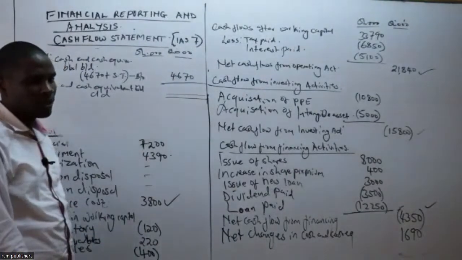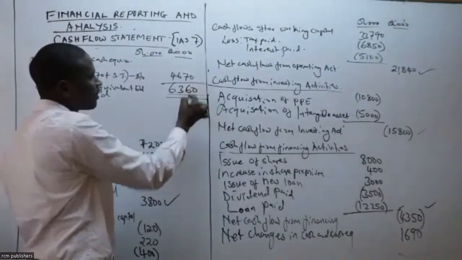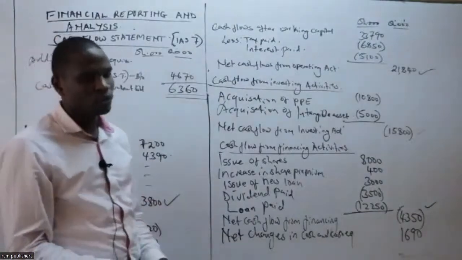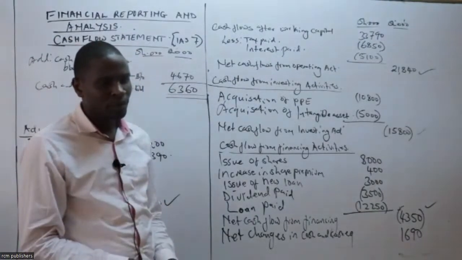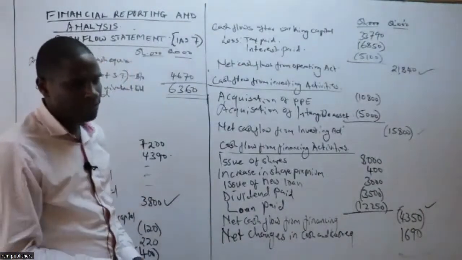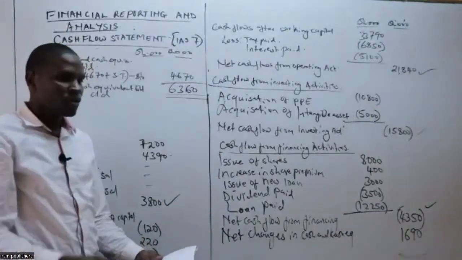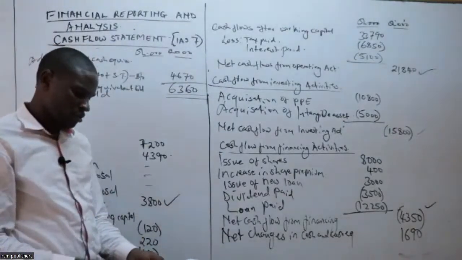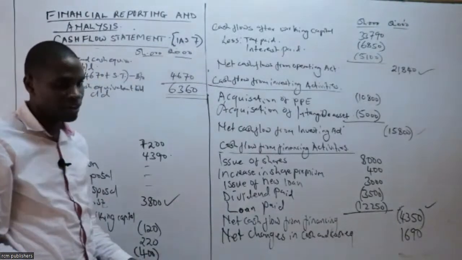What are you getting now? 6360. And then you confirm with your question: is it balancing? You just confirm with the cash and cash equivalent as at the end of the period. I can see for sure it is 6360.